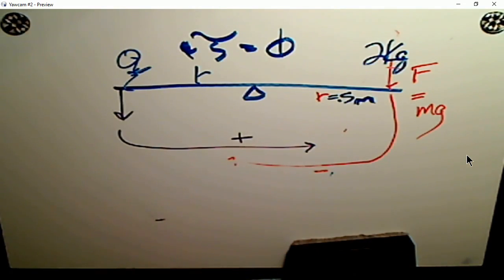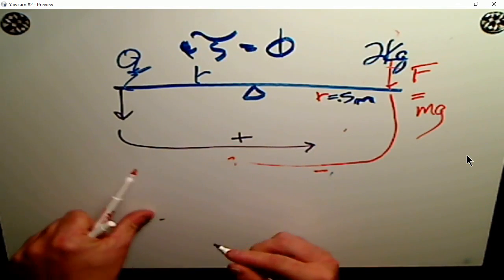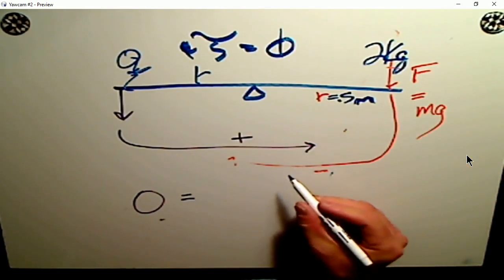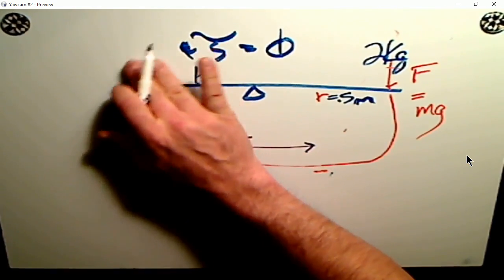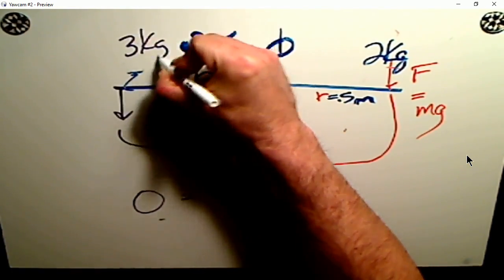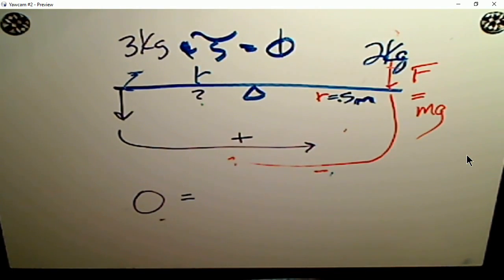So how do we go about that? How do we get that to happen? Well, if the summation of all the torques equals 0, then this is causing a negative torque. So if I have, let's give a weight here, let's say a 3 kilogram mass on this side, we want to know how far from the fulcrum that weight has to be for this to balance.